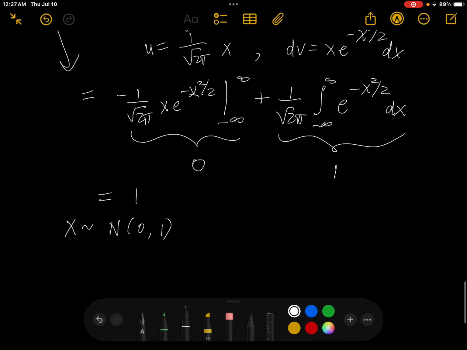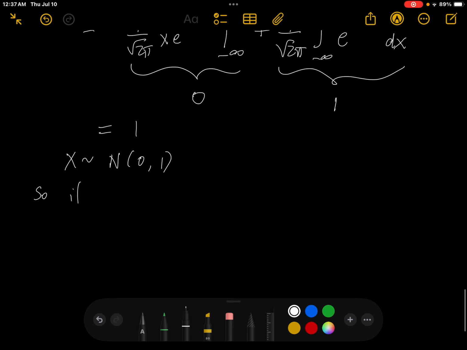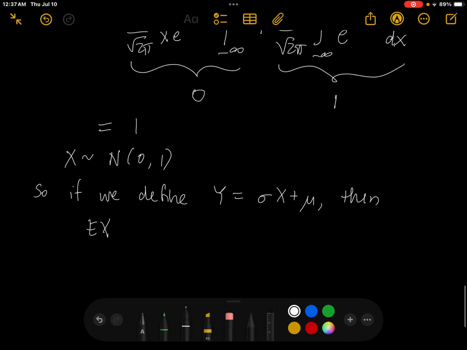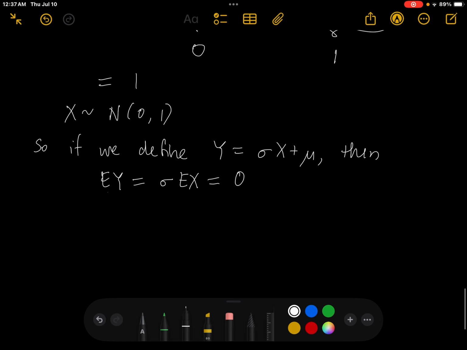And we've seen, therefore, that if we define y to be sigma x plus mu, then the expectation of y is equal to sigma times the expectation of x, but the expectation of x is 0, so it's 0. And the variance of y is equal to sigma squared times the variance of x, but the variance of x is 1, and so y has variance sigma squared.